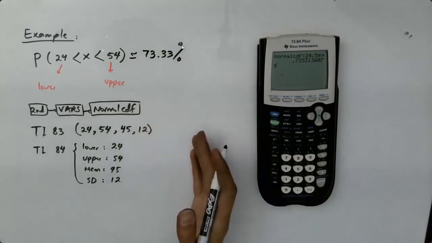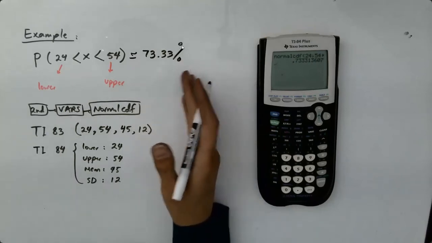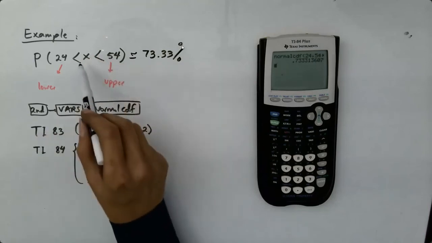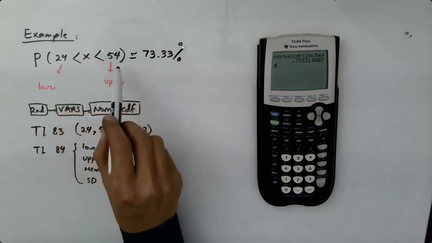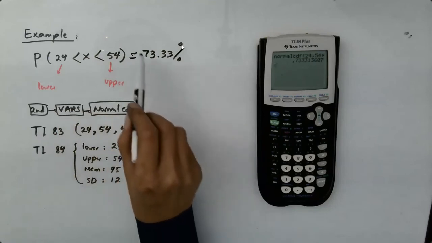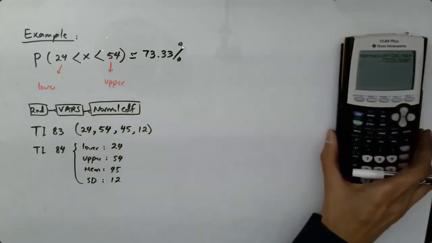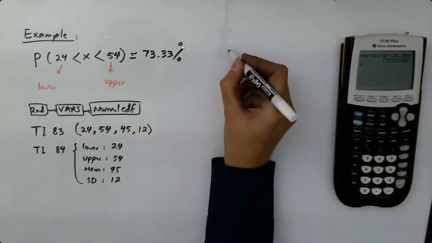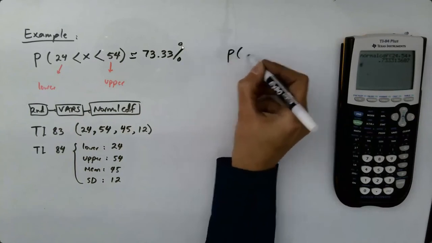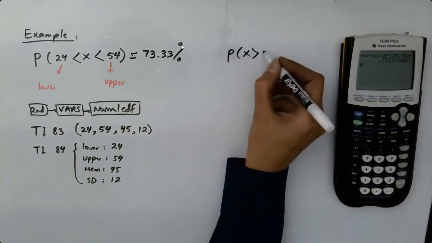So what's the meaning of that? It means that if I randomly select a shopper, the probability that shopper spends between 24 to 54 minutes in the store is 73.33%.